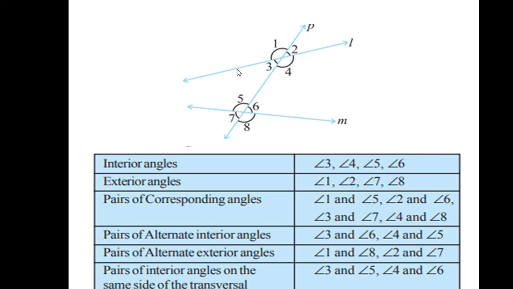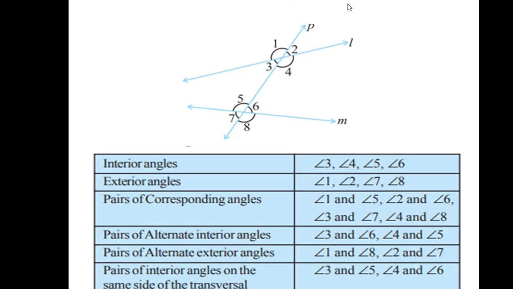Then coming to the next one, pairs of corresponding angles. Corresponding angles means what? I'll explain with an example. 1 and 5 are corresponding angles. For line L, where the transversal cuts, and the same side for line M where it cuts, those two angles are the corresponding angles.